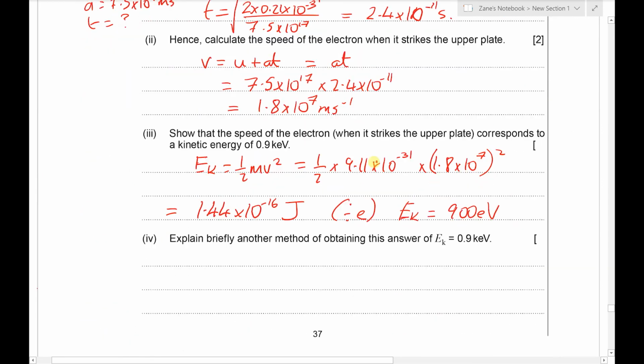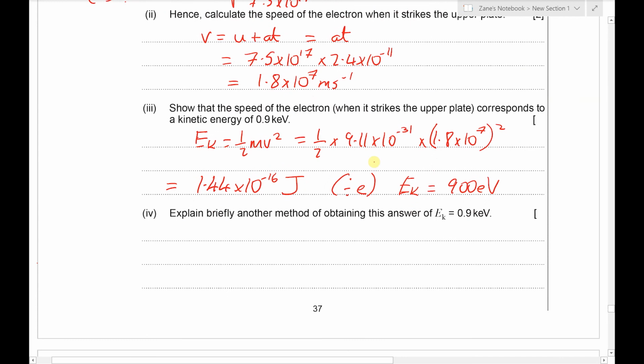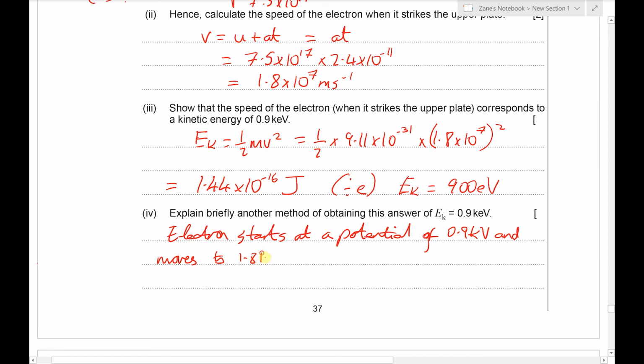So therefore the electron starts at a potential of 0.9 kilovolts, and it moves to 1.8 kilovolts. So that means that the potential difference that the electron moves through is 0.9 kilovolts.